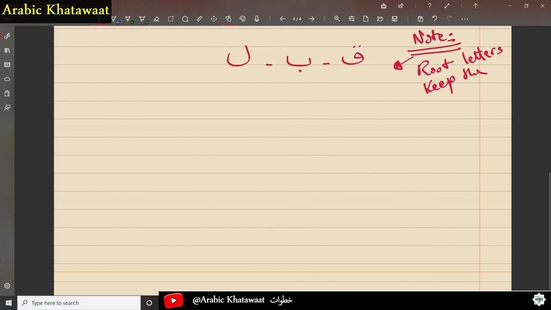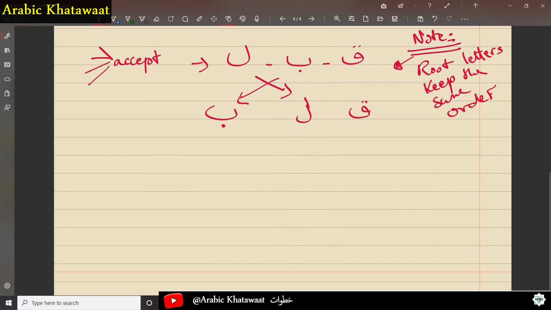Why? If you change the order, let's say you switch lam and put lam here, then you accidentally switch and put ba here, and then you're doing qa, la, ba. Instead of the meaning of qabala, which is closer to accept, and other meanings related to two people or two things or two sides to a story.